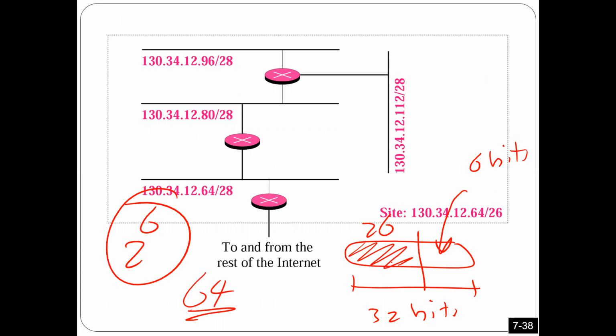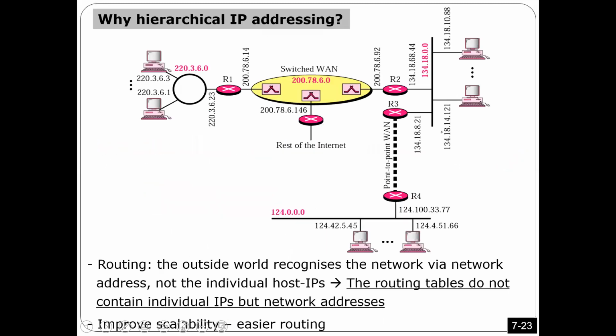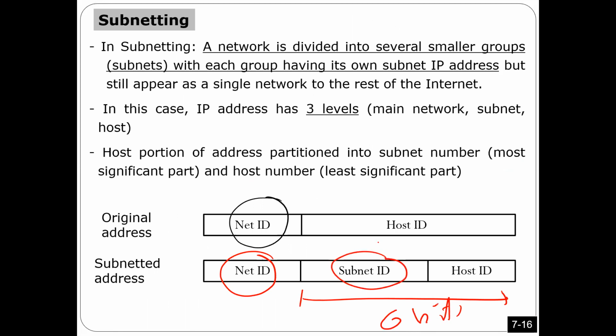So out of the 6 bits, I'm going to assign 2 bits for the subnetwork. One part of the network ID in this example is 6 bits. That means this part has to be 2 bits, and the remaining part is going to be 4 bits.